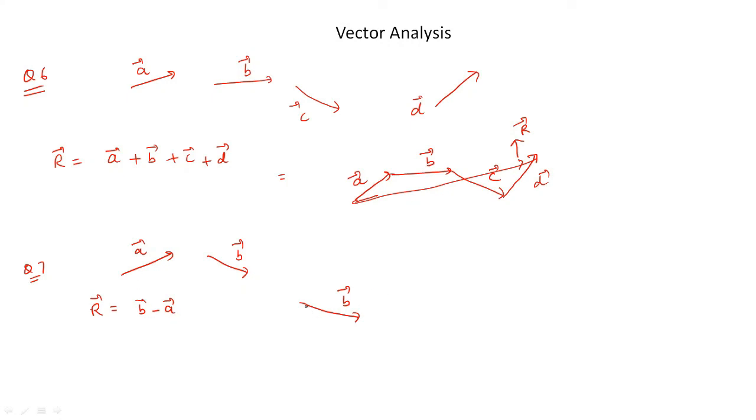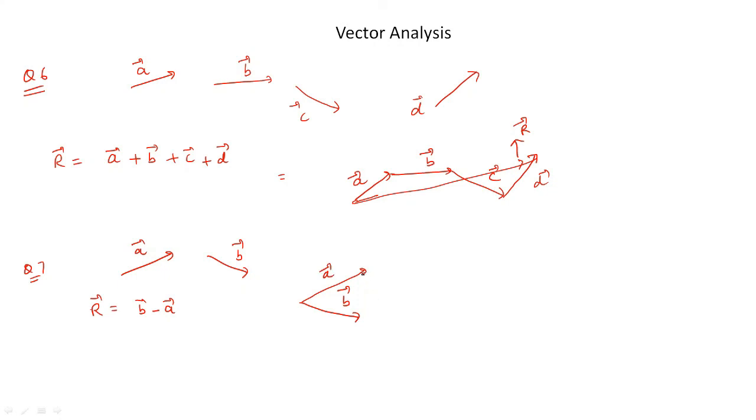So we will start from the tail. In addition we start from the head. In subtraction we start from the tail. The vector a is given in this direction. So we will draw from the tail of the vector b a vector a in this direction. So this is your vector a.